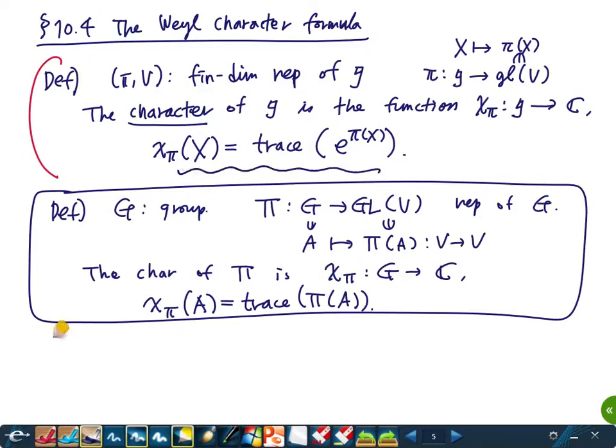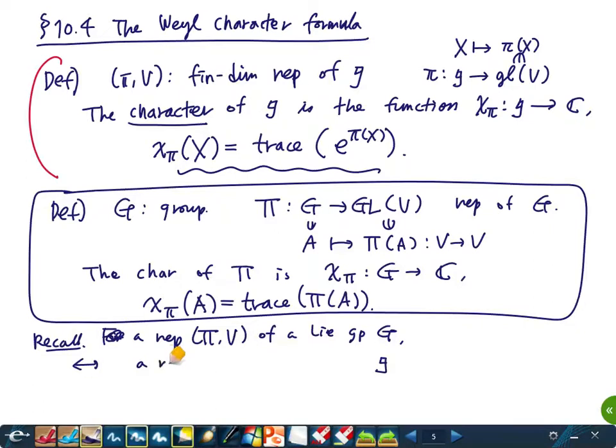To explain why that is, recall that for a representation, say capital pi on V of a Lie group G, we have a corresponding Lie algebra. We have a correspondence with a representation pi on the same space of the corresponding Lie algebra, right?